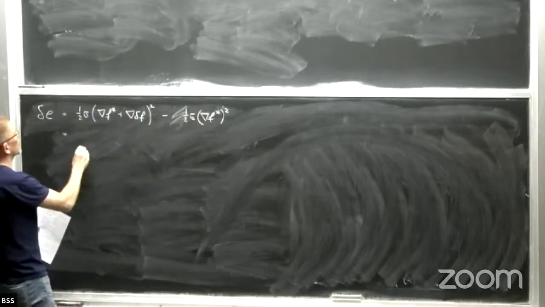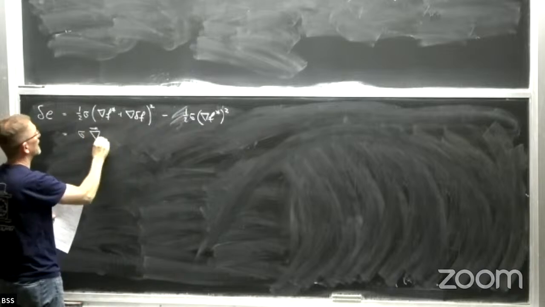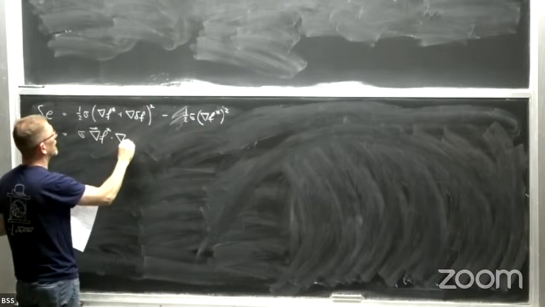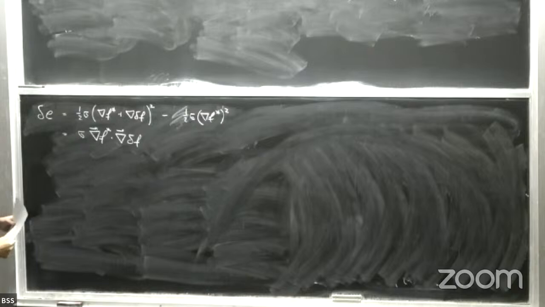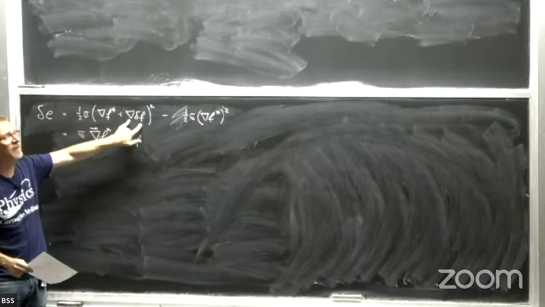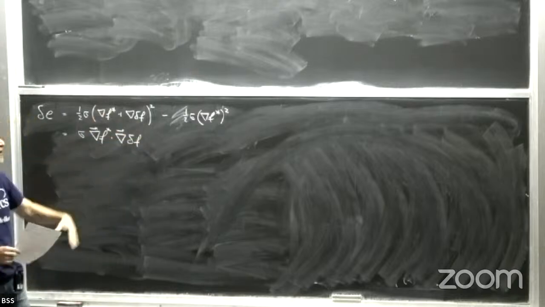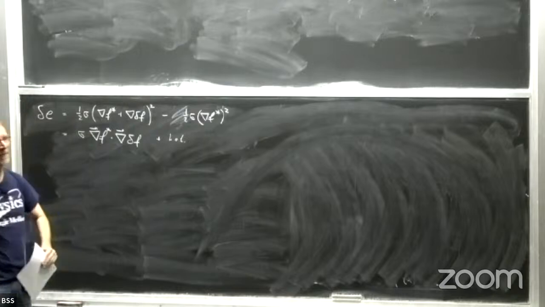The next term is going to be the cross term, sigma grad f star, scalar multiplied into grad delta f. And then the other term is 1/2 sigma grad delta f squared. But that's quadratic order, so I'm going to ignore it, plus a higher order term that I don't care about.